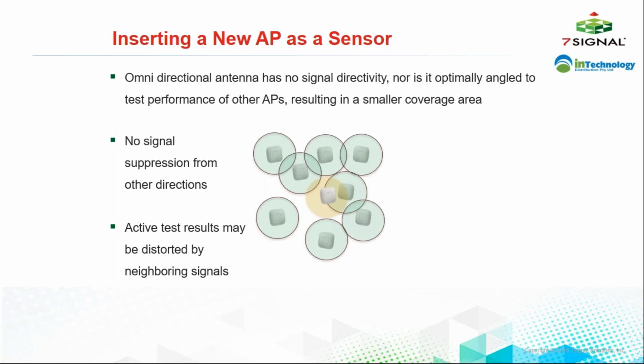Great, thanks for that. Another one was, does 7Signal support other wireless LAN vendors besides Cisco? Yes, absolutely. Our system, and we're building up to the different products that we have, is a high-performance Wi-Fi client that authenticates to any Wi-Fi network.